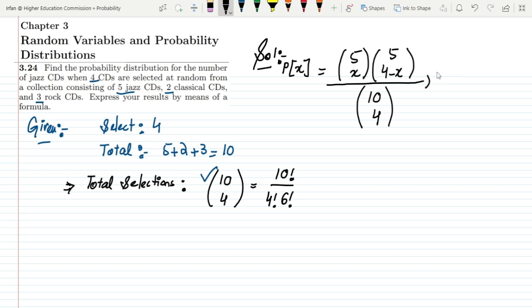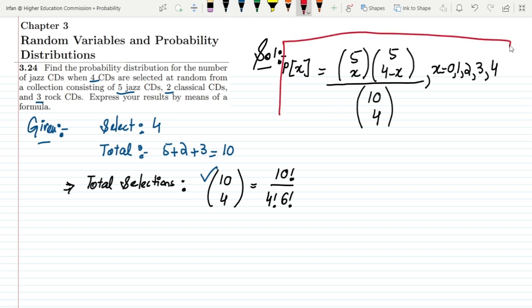So the value of X ranges over 0, 1, 2, 3 and up to at most 4. This is the formula I can use to find the probability distribution for the question, as we were asked to find it by means of a formula.